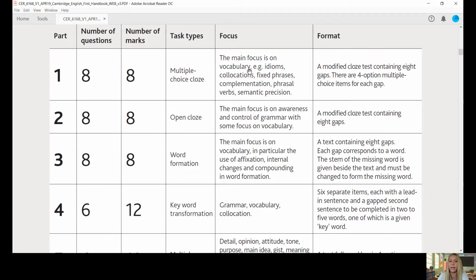The main focus here is vocabulary, for example idioms. You have all this detail here, but my focus today is not to go through all those details. You can read that yourselves. My focus is to show you practically what you will need to do. So let's go through it practically and look at the tasks that are involved.